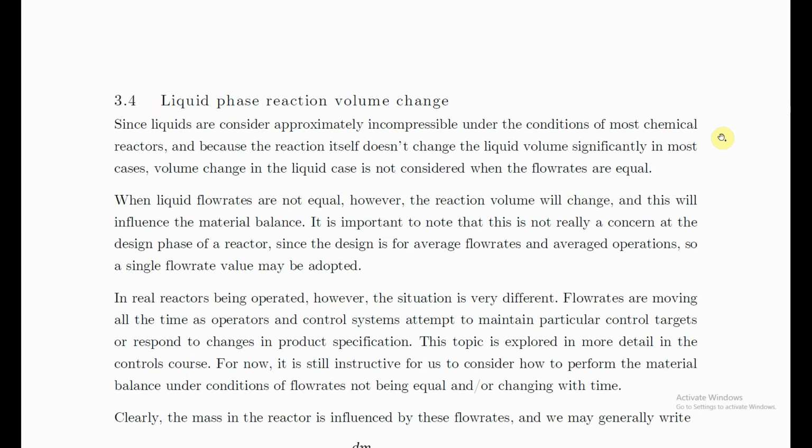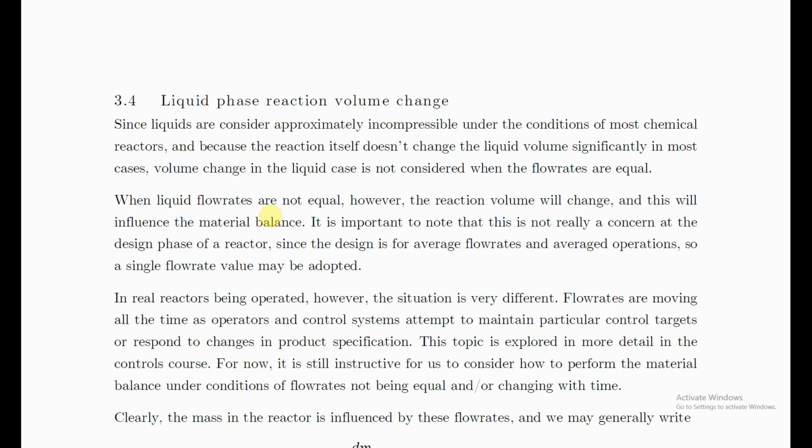Now that is all referring to the gas phase. Let's think also about our liquid phase in the reactor. And of course, liquids being approximately incompressible, the reaction itself is not really going to change the liquid volume by much, right?